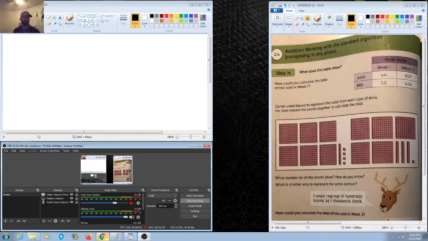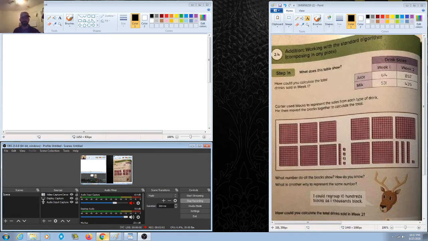What I mean by that is, for week 1, the juice is 614. In the ones place we have 4, and we have 4 individual little blocks. That allows us to represent that single place value. In the tens place, we have a group of 10, which is 10 ones. In previous sections we've mentioned that because we can't put a multiple digit number in a single place value, we can represent it as 1, or 10 groups of ones in this case.